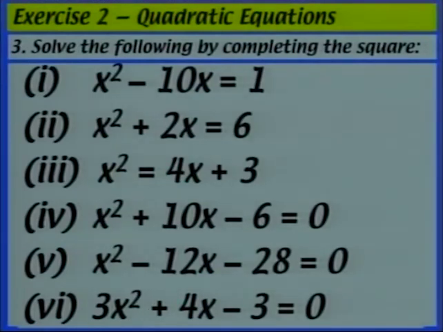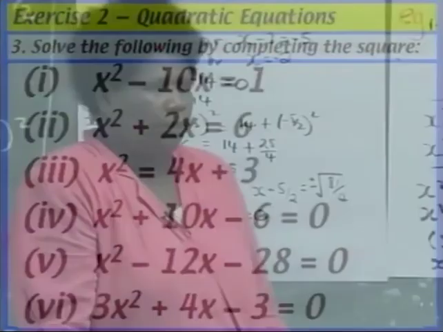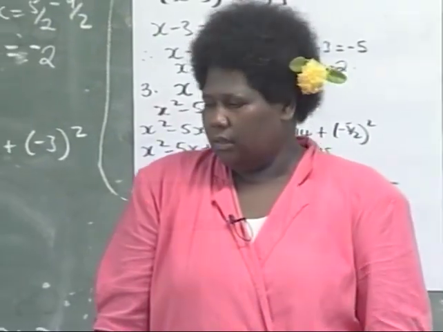If you can do number 6, leave it as exact numbers. Okay? The keyword is square.